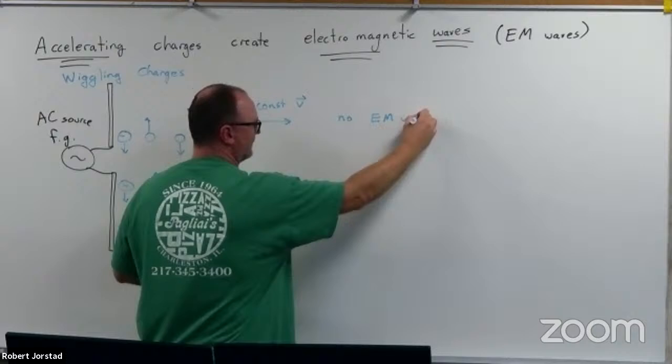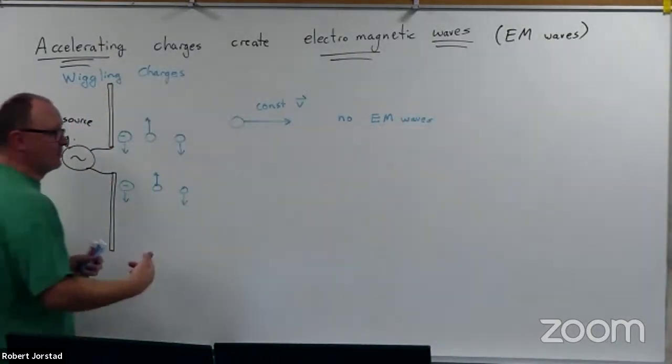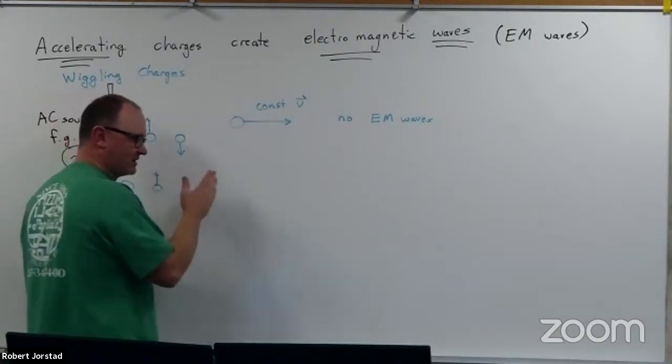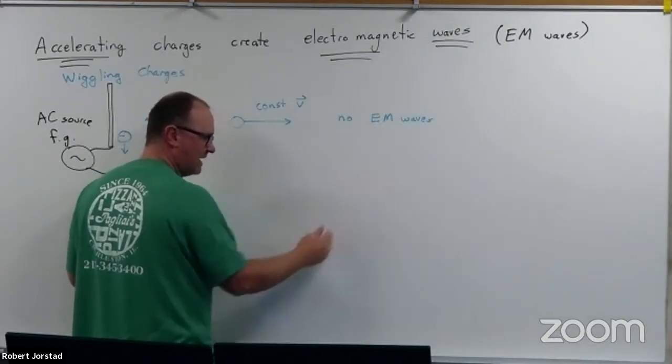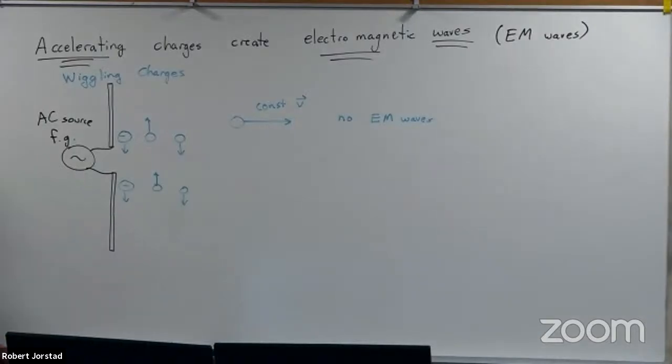That's the difference here. Now, you could have a constant acceleration in one direction and actually get Cherenkov radiation, where an electron going from high speed to low speed will give off radiation as well. So there are different types of this, but I want to start with this type of wiggling charge.